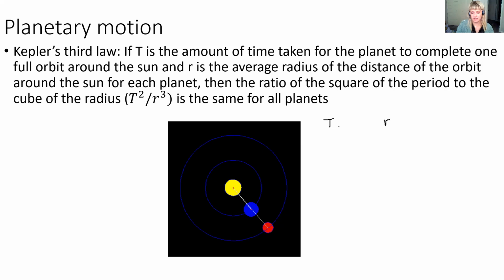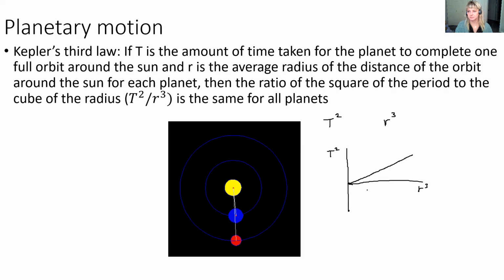And what he finally saw was that if he plotted T squared and r cubed on a graph, he got a nice linear relationship for all the planets.